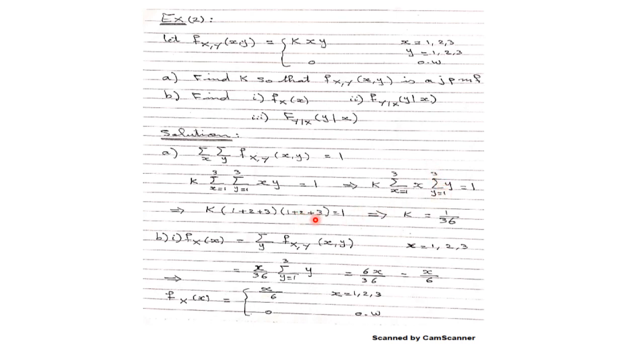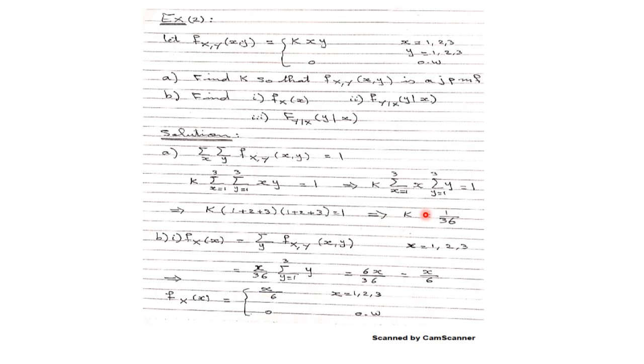Right? 1 plus 2 plus 3 is 6. And this one is also 6. 6 times 6, 36. So you have 36k equals what? 1. So k is what? 1 over 36.